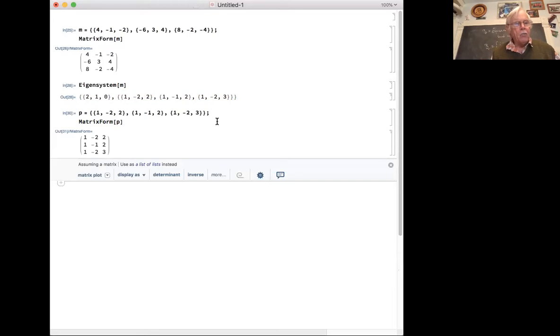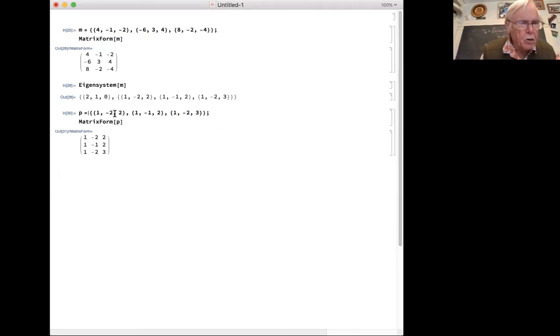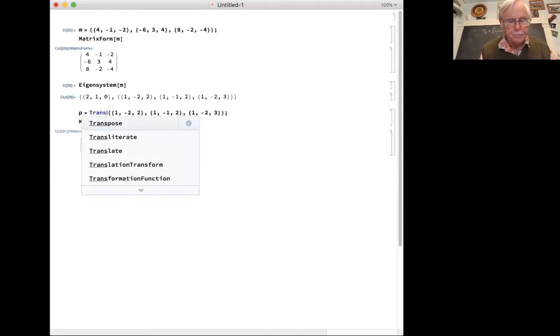Okay, and oh, wait a minute here. This put the eigenvectors in rows, and in order to be a change of basis matrix, they have to be in columns. So I've got P wrong here. P should be the transpose of what I have, making the rows columns and the columns rows.